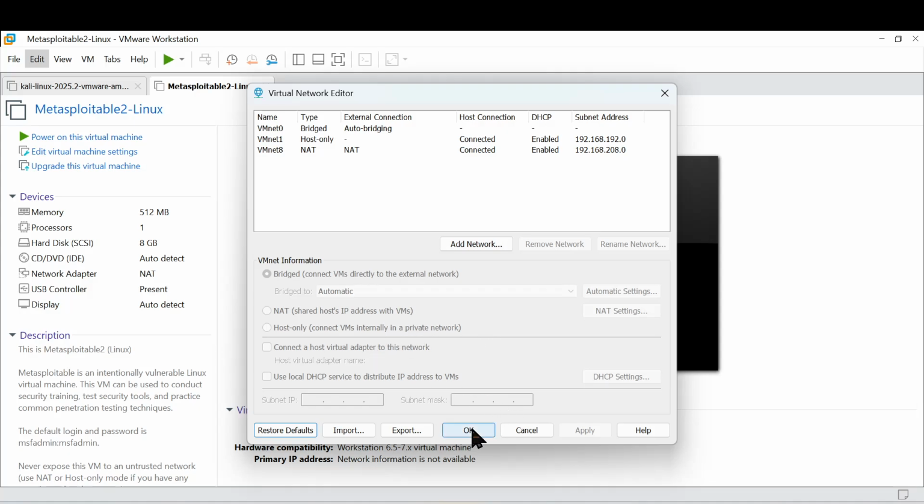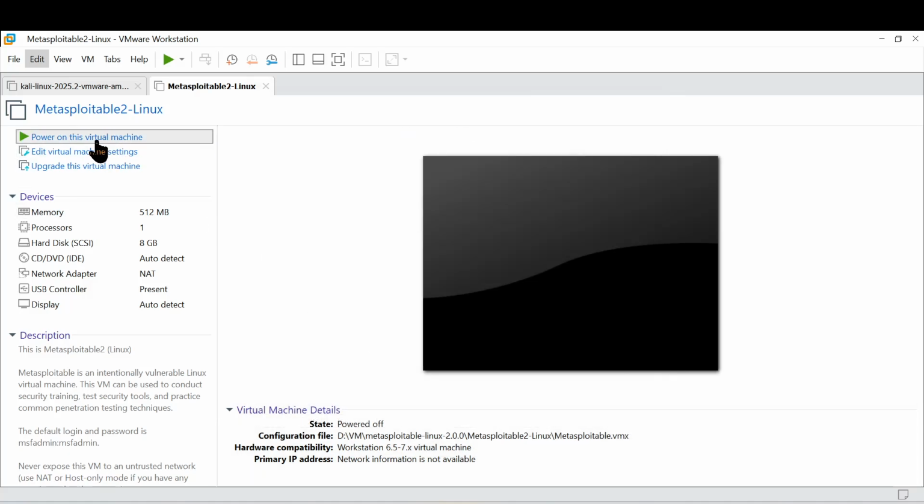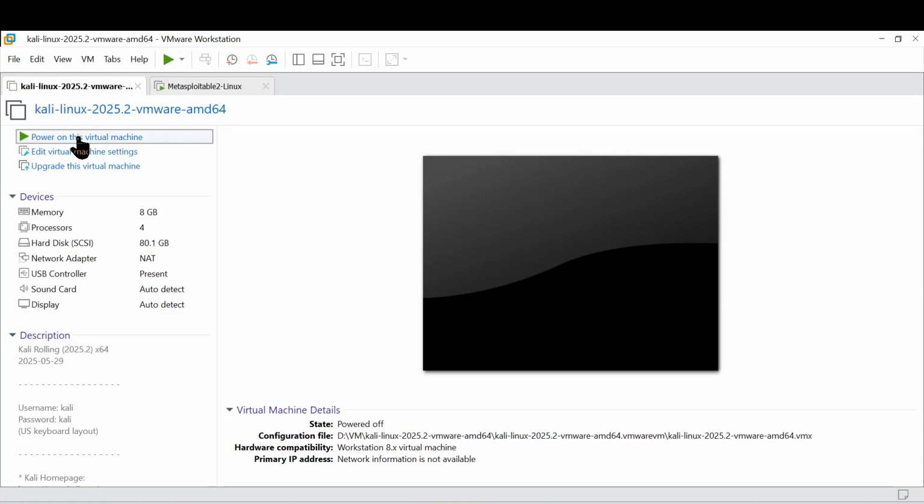Now, since it is done, we can click on OK and restart your machines.